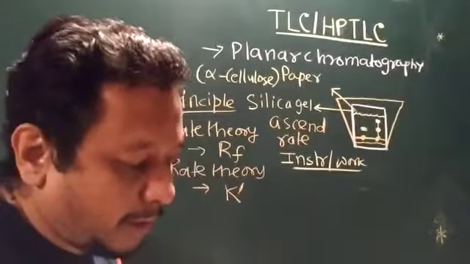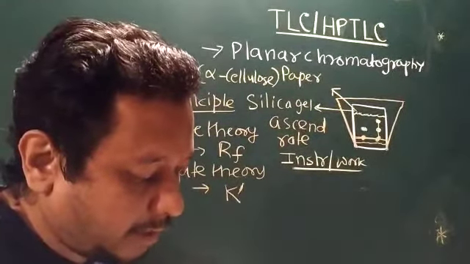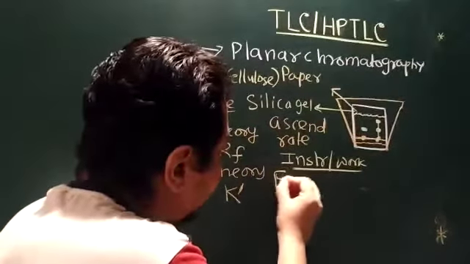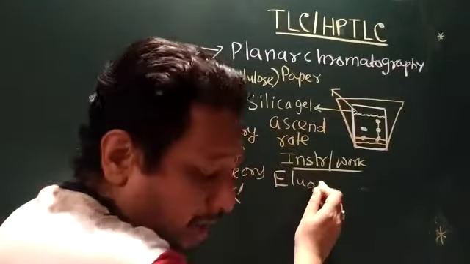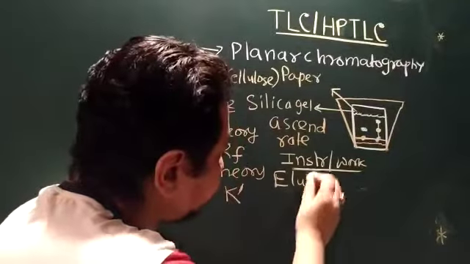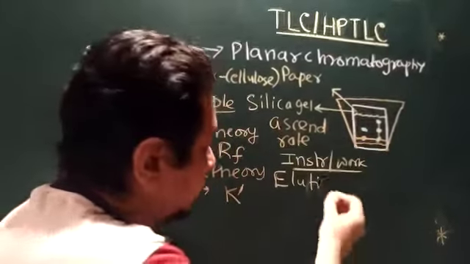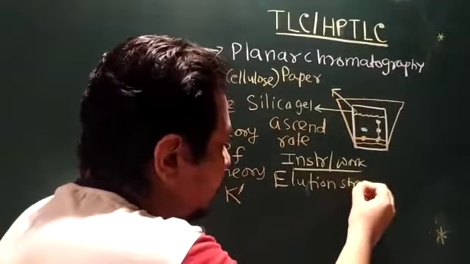So after principle you have second thing, that is instrumentation and working. So first thing is mobile phase. Mobile phase, you have elution strength as per elution. I think already mentioned eluotropic series, okay, elution strength of mobile phase.